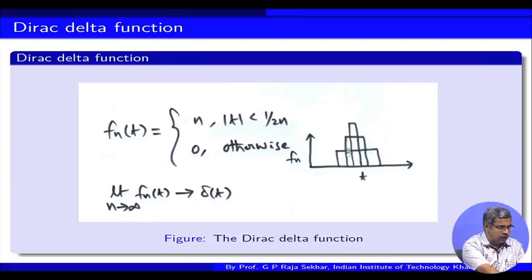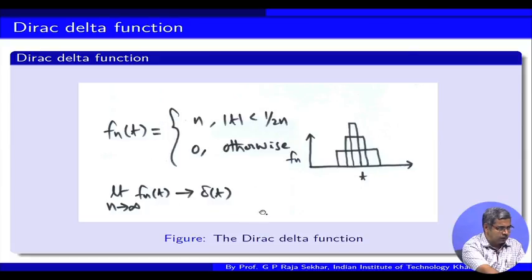You can see a thin line shoots up to infinity. This is a standard way of defining the Dirac delta function, but there are several such examples. For defining the Dirac delta function, one can consider several functions which will give the Dirac delta function in the limiting case.